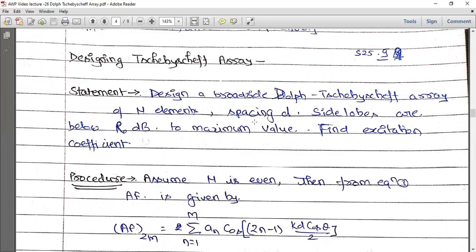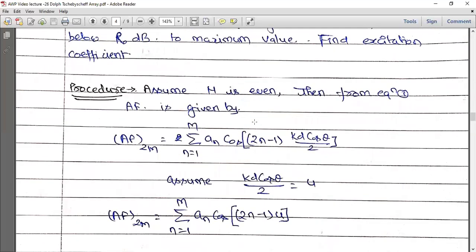Okay, so assume that n is even. When we assume n is even, the array factor is given by this expression: summation from n equals 1 to capital M of a_n cos of (2n minus 1) kd cos theta by 2, where n can vary from 1, 2, 3 up to capital M. This expression we have already studied.